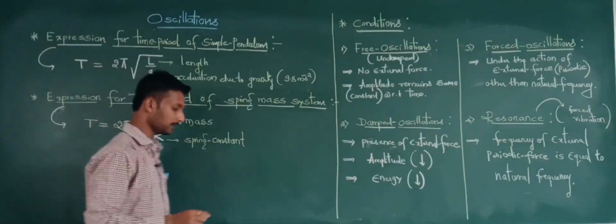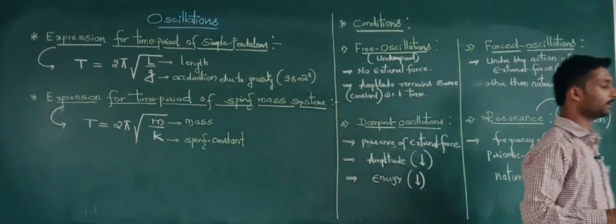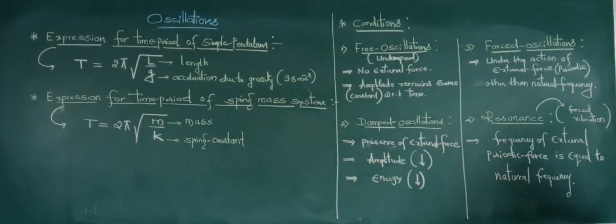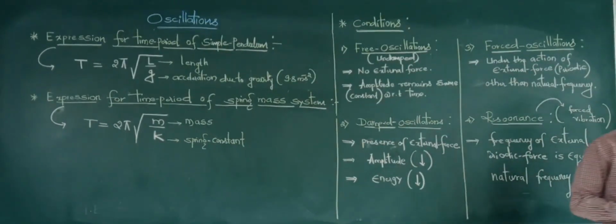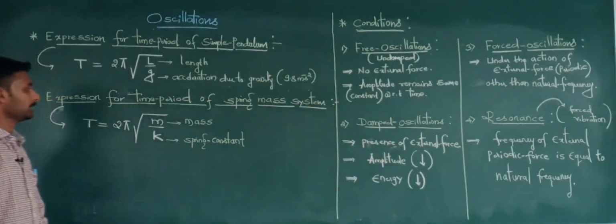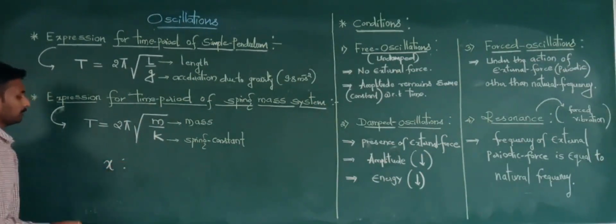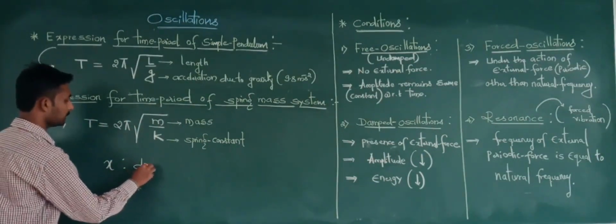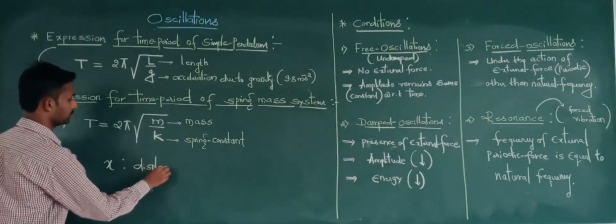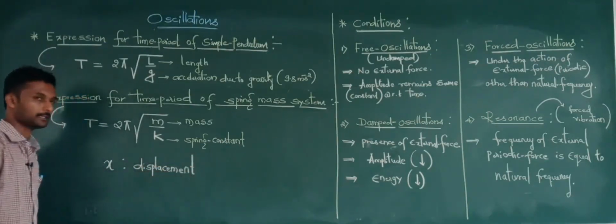So what is x? We can take x as displacement, and k is the spring constant. So m is mass, k is the spring constant, and x is the displacement.